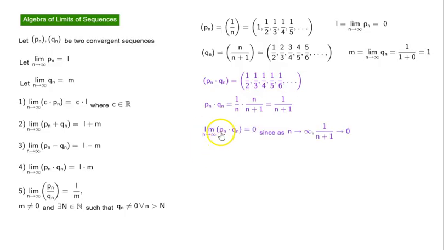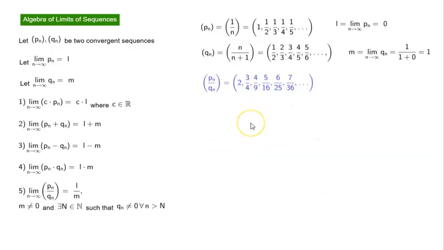And limit as n goes to infinity of p sub n times q sub n is equal to 0, since as n goes to infinity, 1 by n plus 1 goes to 0. Again, alternately, by the algebra of limits, we could have just multiplied the limits themselves. So 0 times 1 is 0.